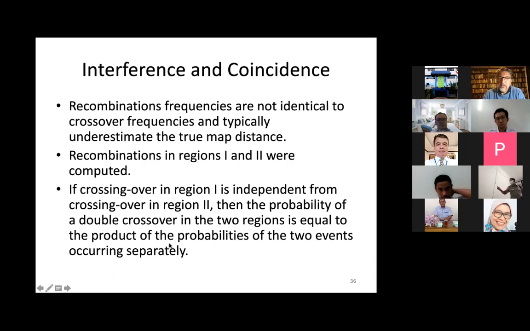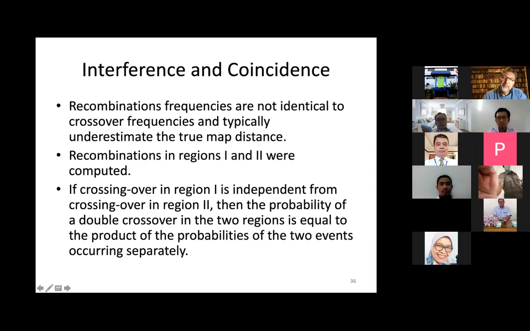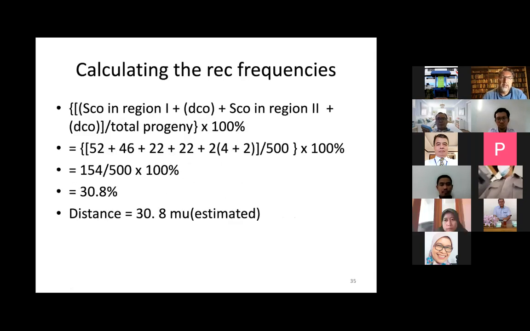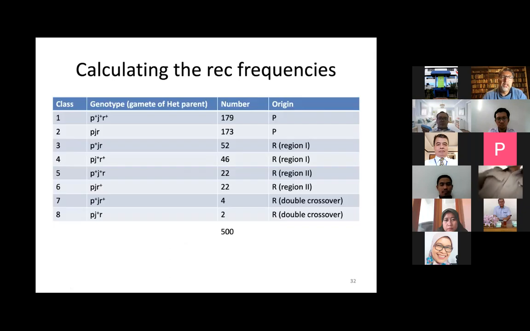So that's a good check we can do. Since we were able to calculate the recombination between P and J, our order is P, J, and R, okay?